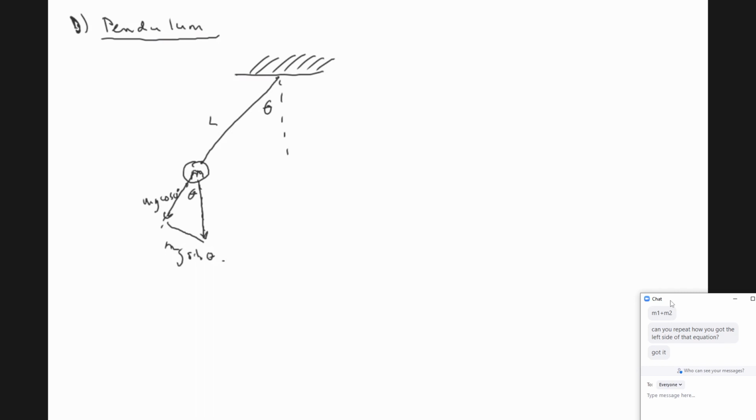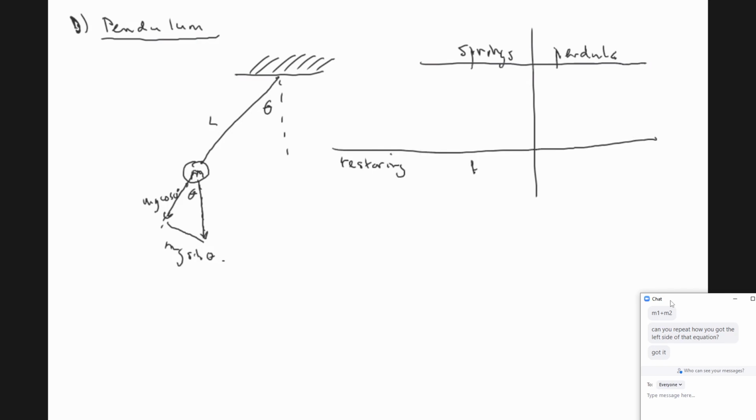With pendulums, you just need to know what is comparing it with springs versus the pendula itself. You need to know what is the restoring component. For springs, it's the spring force. For pendula, it's the gravity.